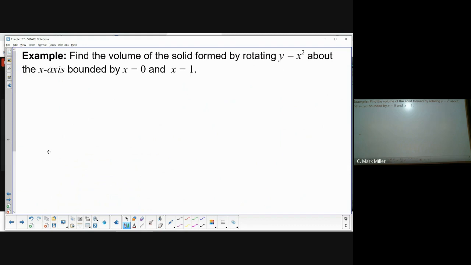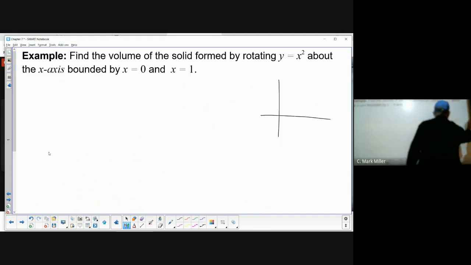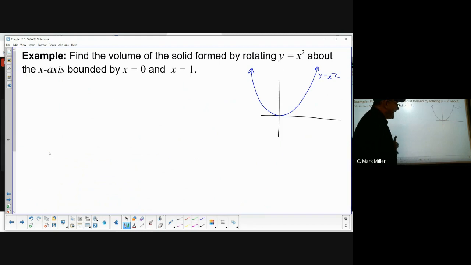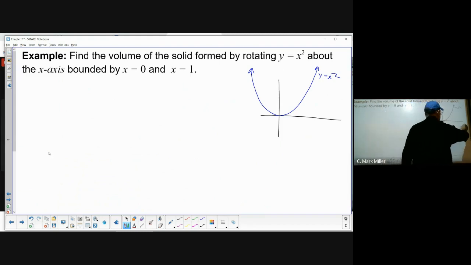But what do you have here? Y equals x squared, revolved around the x-axis from 0 to 1. So from 0 to 1, we have this section here.